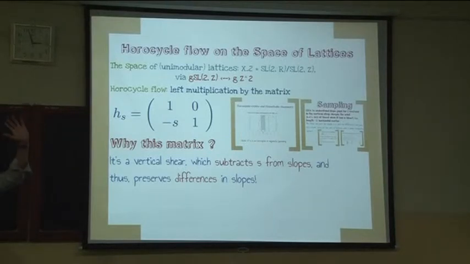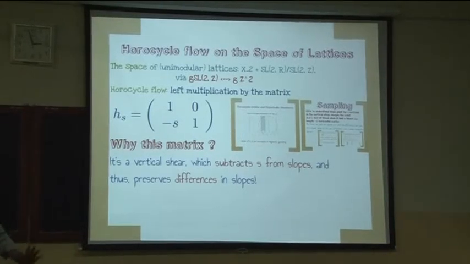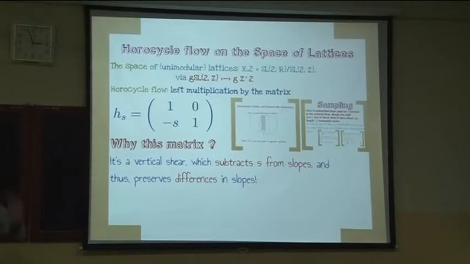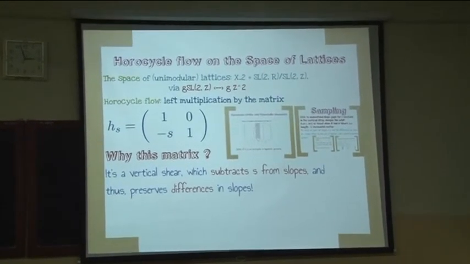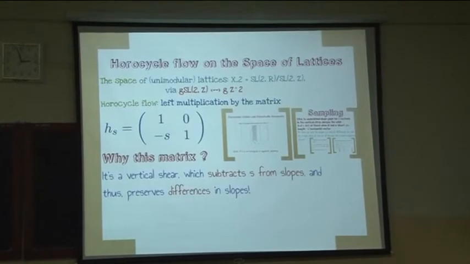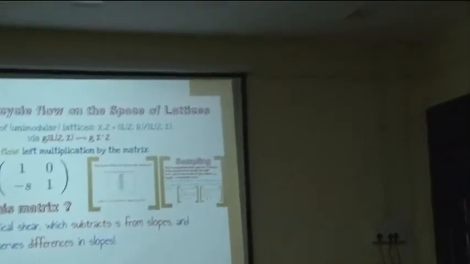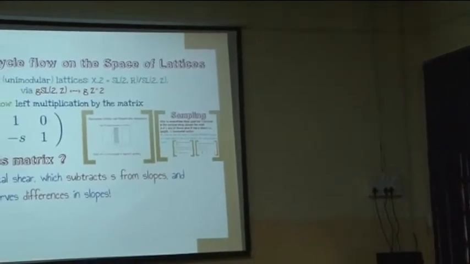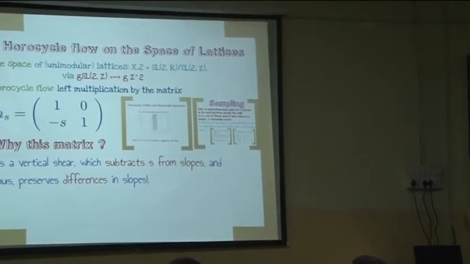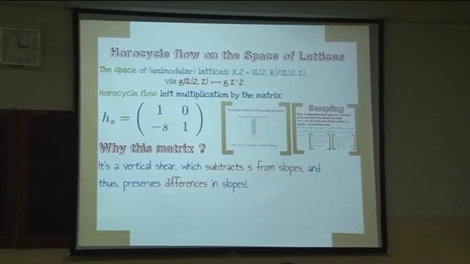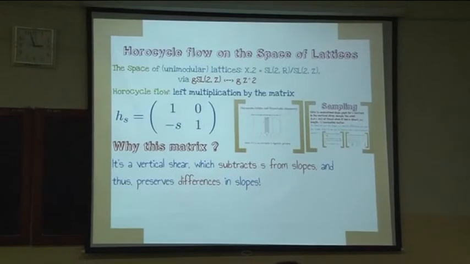What it's going to do on the positive side is push things down, and on the negative side it's going to push things up. So it's doing this shear, okay? But in particular, what this vertical shear does to slopes is it just subtracts S. If you have a vector, it just takes away S from the slope of that vector.